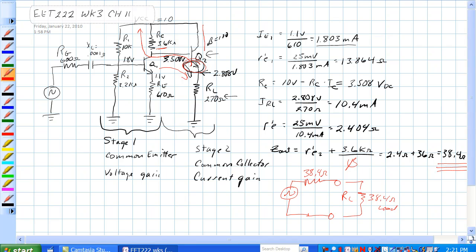Current comes from the collector down through the emitter, through the load, and the only time you'll have voltage drop here is when you get somewhere around there in resistance on the load. So a 50 ohm load on this device would regulate quite well.